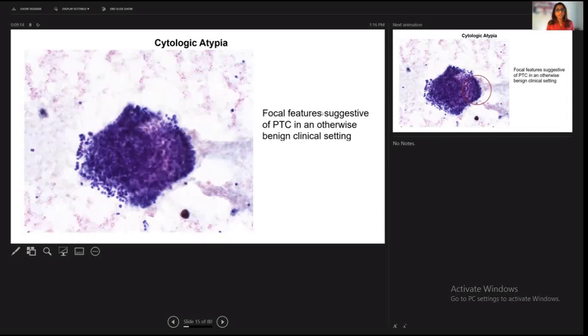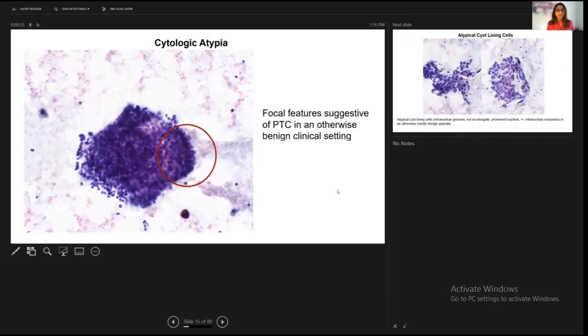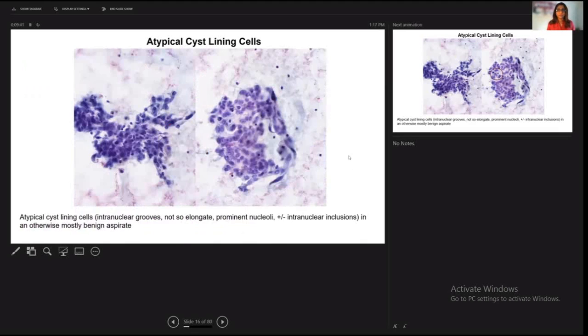Obviously, if there is cytologic atypia, one needs to use this category because sometimes you may only find focal features in a limited cellular sample, and just those focal features suggestive of PTC in a setting that otherwise looks benign is a good criteria for using the AUS category, for sure.